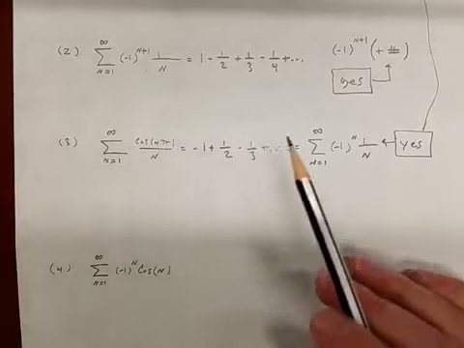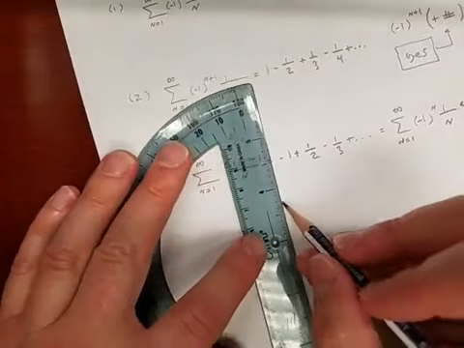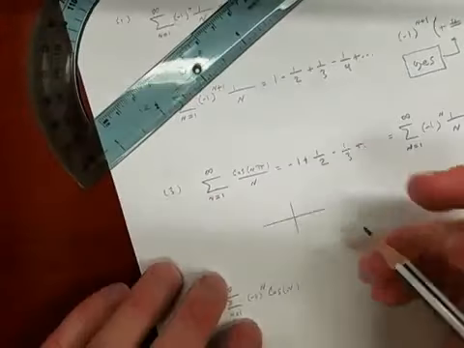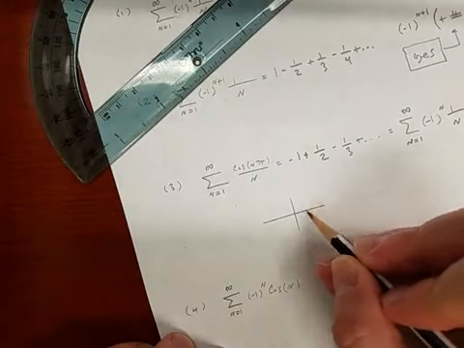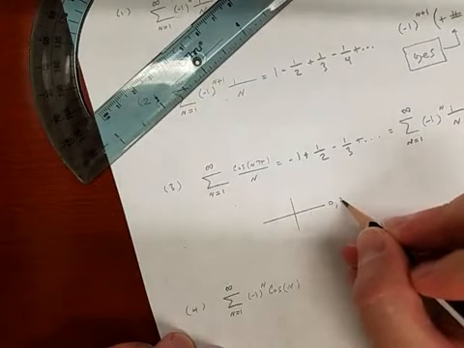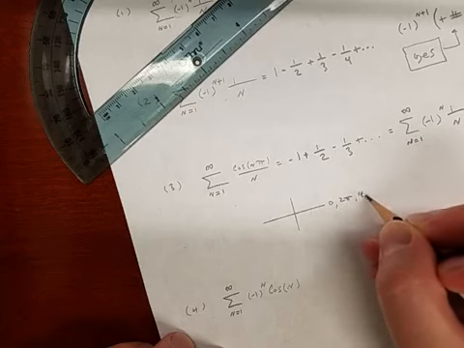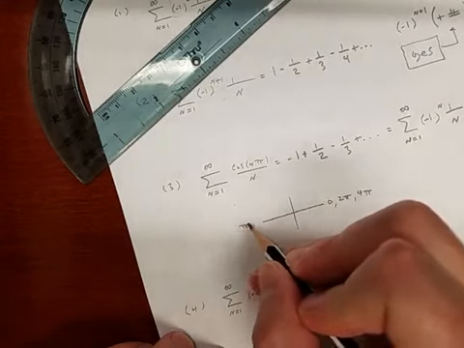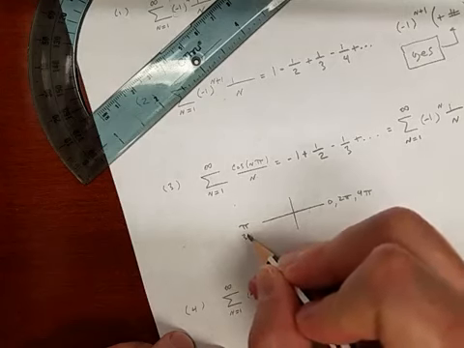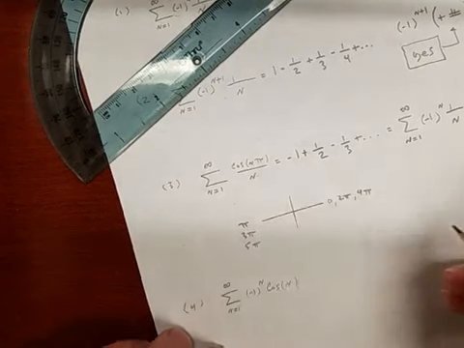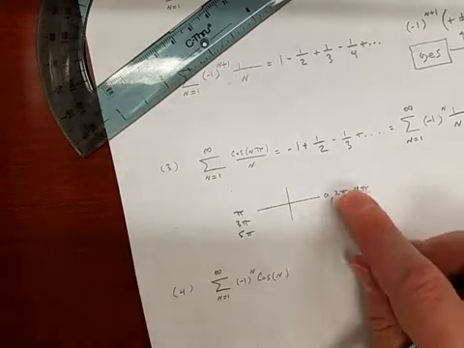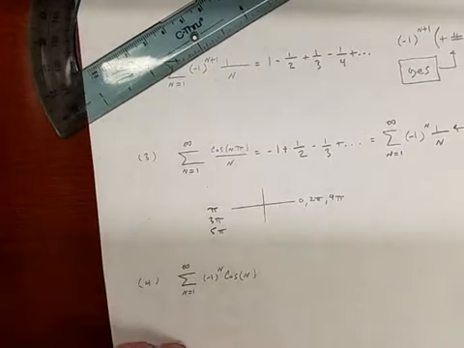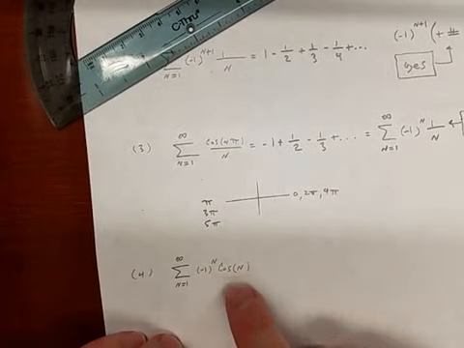Up there in that one, you're going to find that cosine n pi is going to be either this angle right here, 0, 2 pi, 4 pi, or this one out here, pi, 3 pi, 5 pi. Cosine of 0, 2 pi, that's 1. Cosine of pi, 3 pi, that's -1. But that's just n. So here's what this looks like.